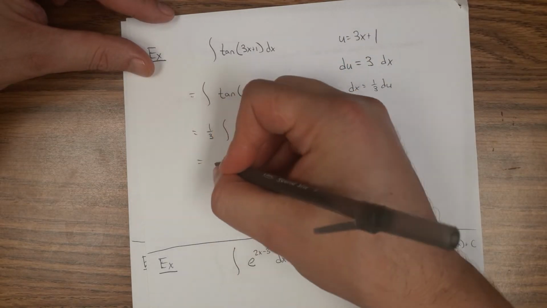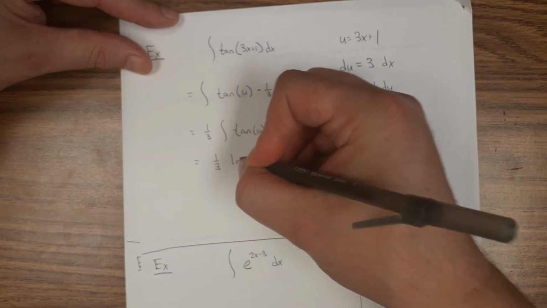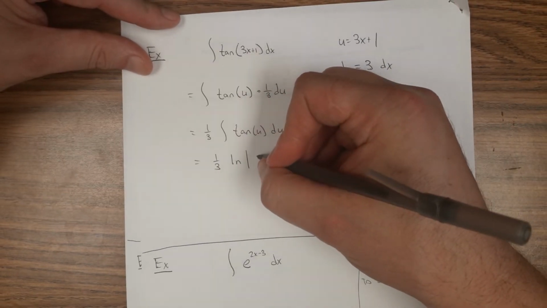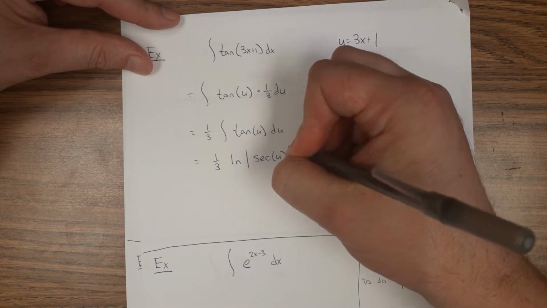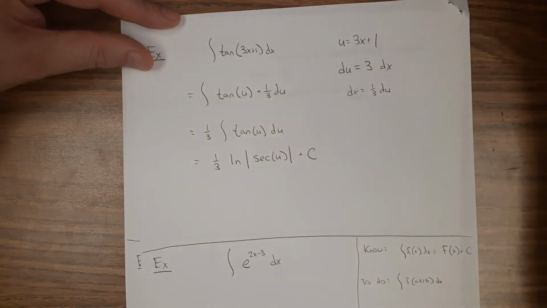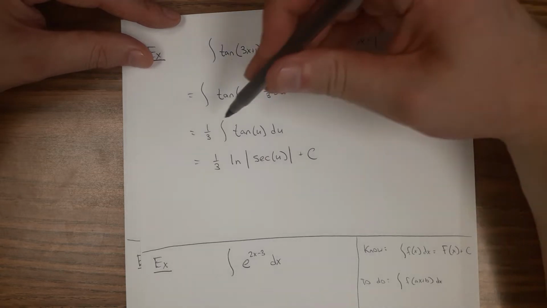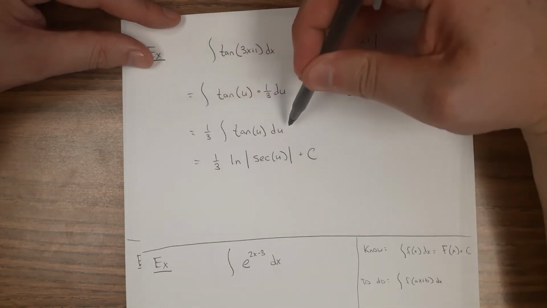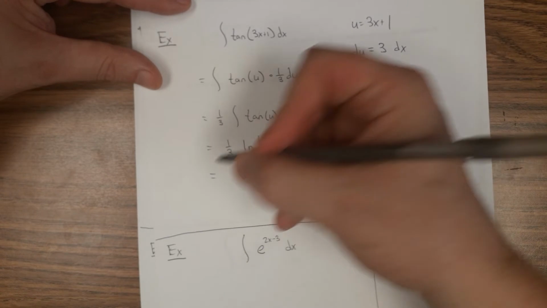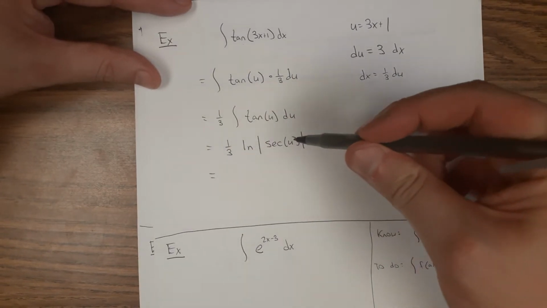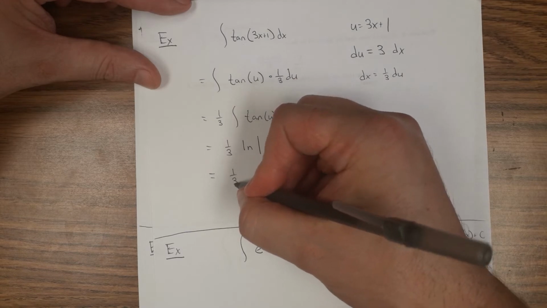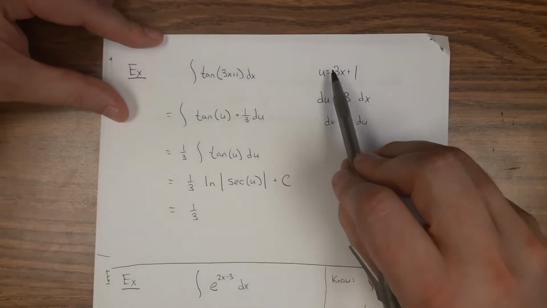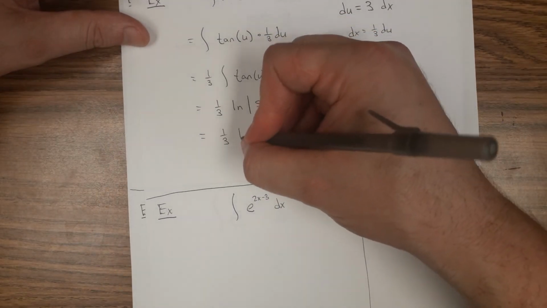So this is going to be natural log absolute value secant u. And that's step 3. We just did the new integral. And then step 4 is to substitute back to get x's instead of u's. So I'm just going to replace u with 3x plus 1.